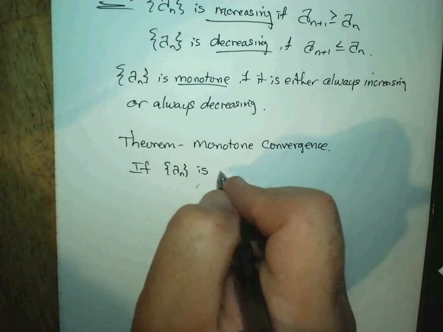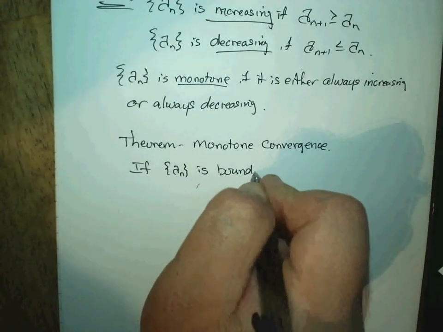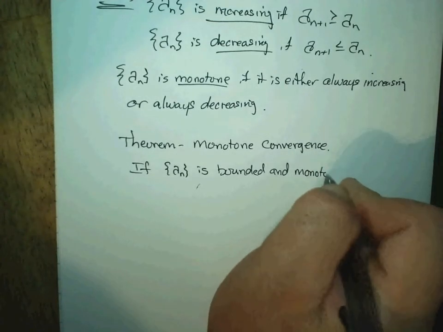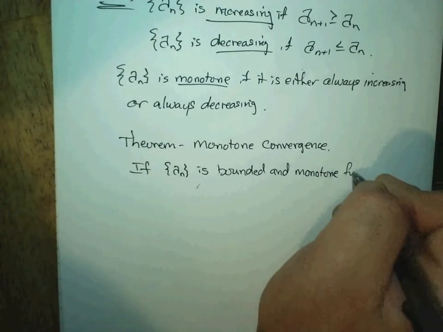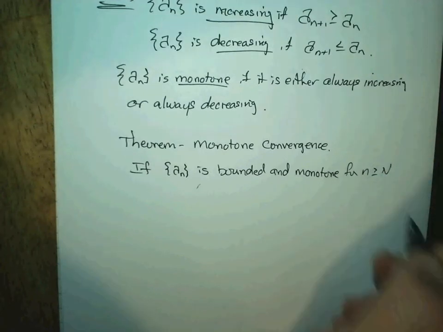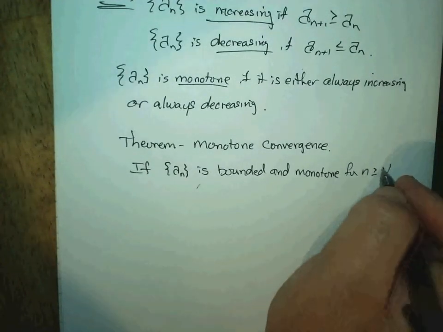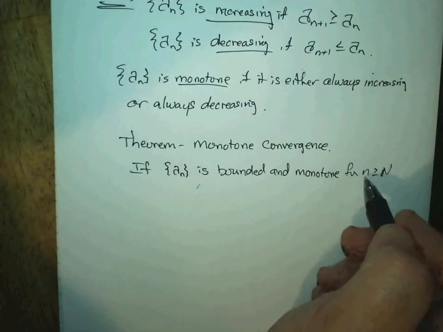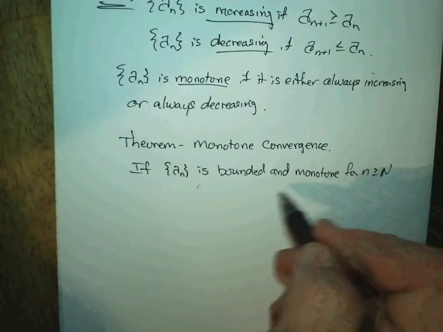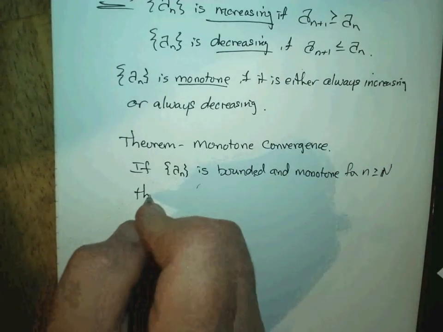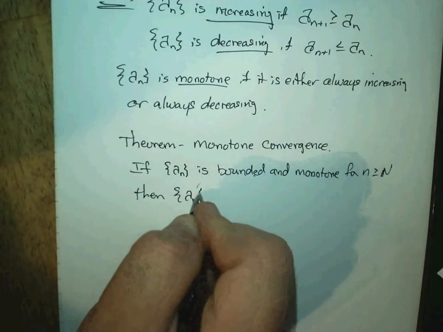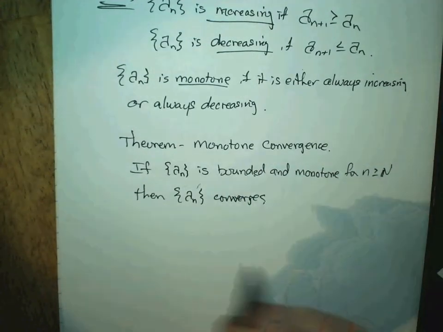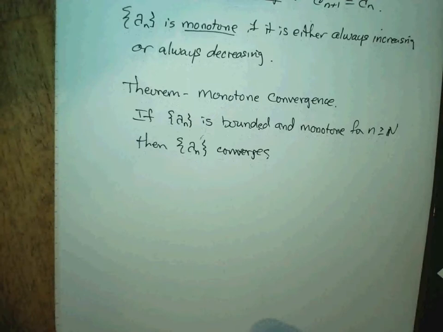If your sequence is bounded and monotone for an n value bigger than or equal to some fixed value, and this fixed value can be anything, 1, 10, a trillion, it doesn't matter, if all of the terms eventually are bounded and monotone, then that sequence converges.